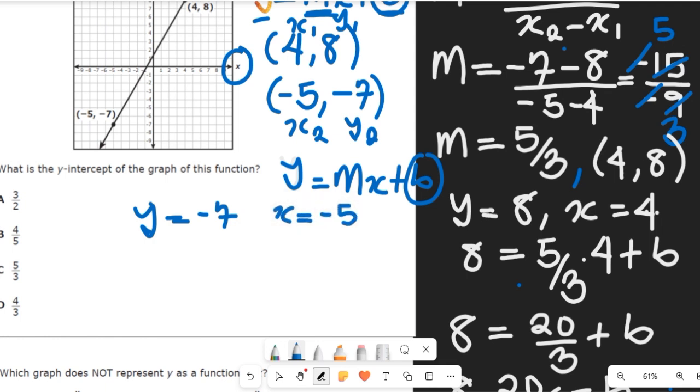Now I want you to apply it into this expression. You have -7 equal to -5 multiplied by 5 divided by 3, right?